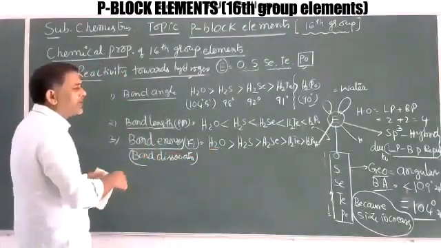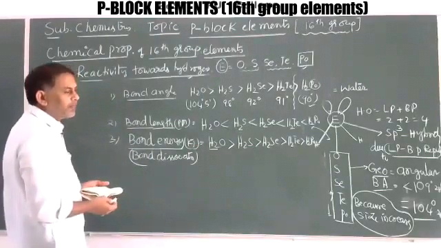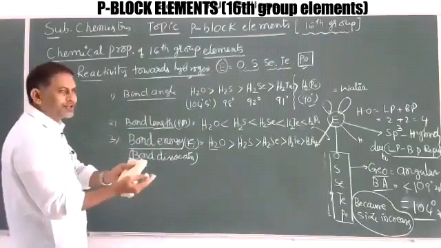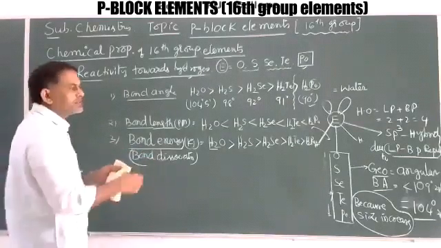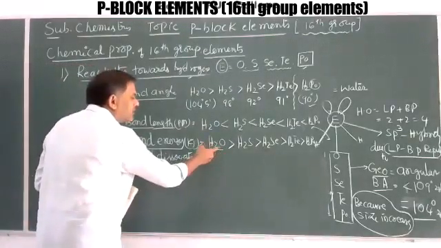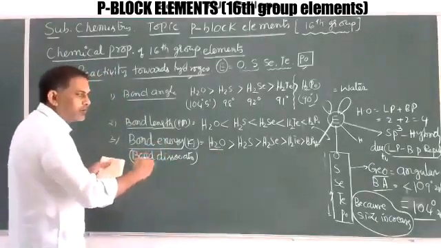Those which readily produce H plus ions, according to Arrhenius theory, when dissolved in water produce H plus ions, and that is acidic in nature. Similarly, hydrogen in water cannot easily be produced because more energy is required to break the bond.